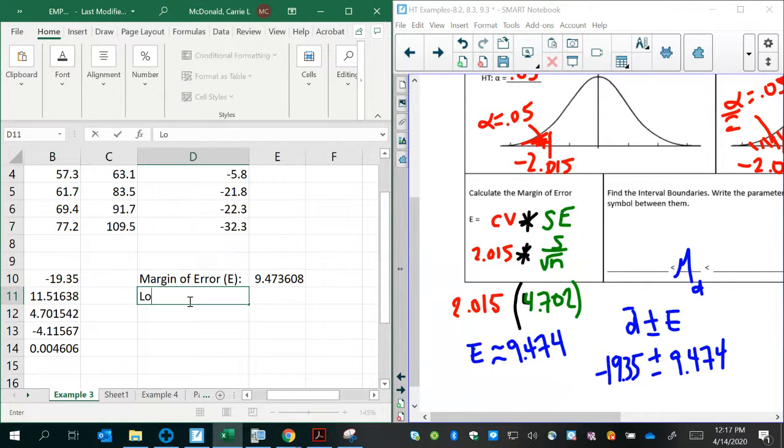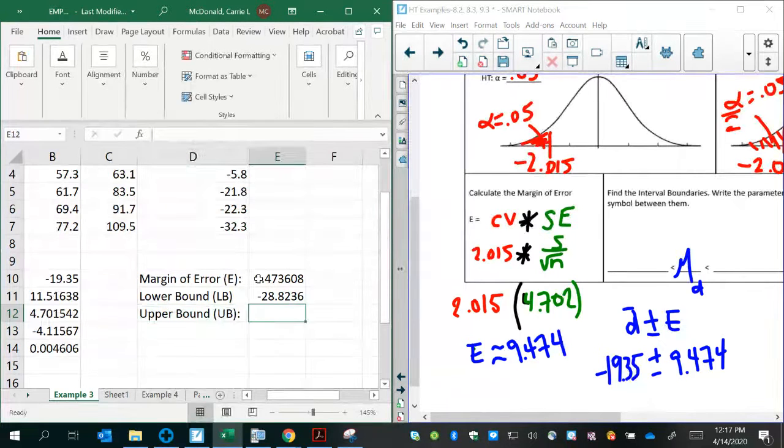So my lower boundary, LB for short, is the sample mean minus the margin of error. My upper boundary, UB for short, is my sample mean plus margin of error.